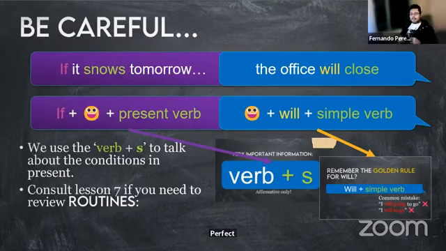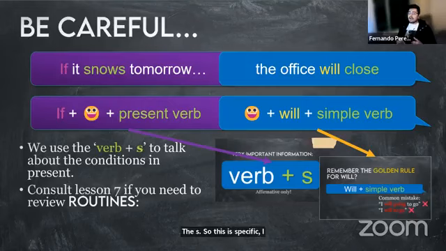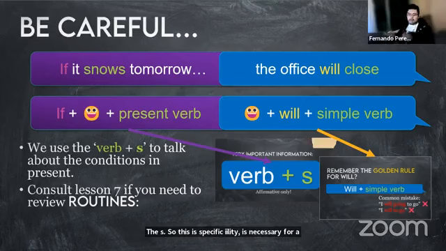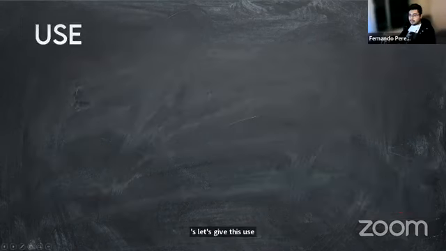So when you use he, she, it, then it's necessary to use the S. This is necessary in present to talk about another person: my mother, my father, my sister, my brother, my girlfriend, my boyfriend, my dog. Or a situation, for example, the weather.